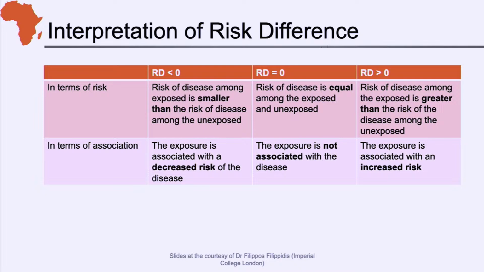Then the risk of disease among those that are exposed is greater than among those unexposed. If you speak in terms of association, then the exposure is associated with decreased risk of disease, and if the risk difference is larger than 0, then the exposure is associated with increased risk.